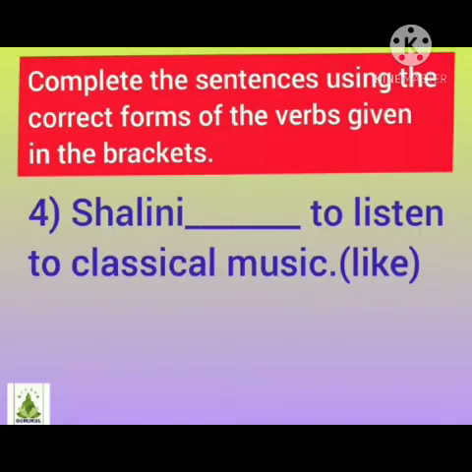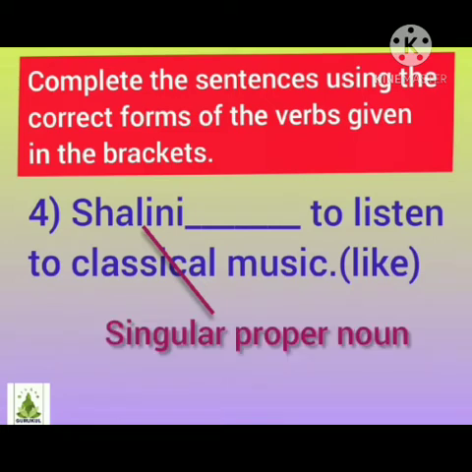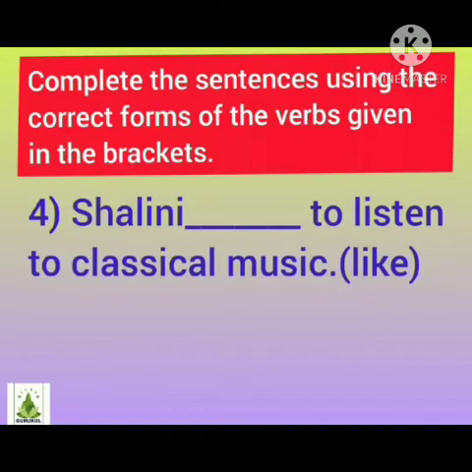Fourth, Shalini dash to listen to classical music. Option: like. As Shalini is a singular proper noun, we will add s to the base form of the verb, that is, Shalini likes to listen to classical music.